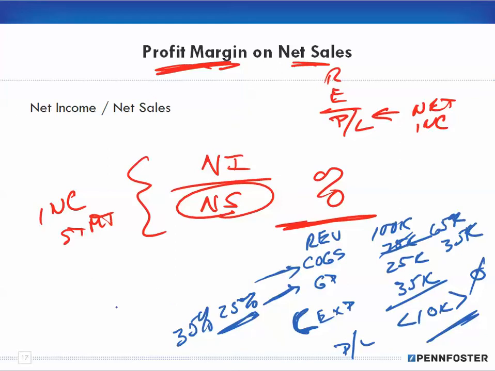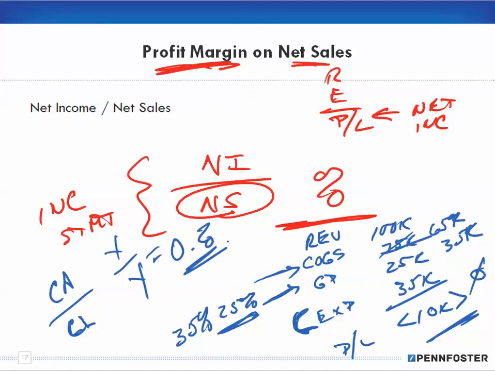Take your current assets and your current liabilities, your current ratio. If you're looking at a balance sheet, you're able to find the numbers and plug them in and come up with whatever amount as that ratio.